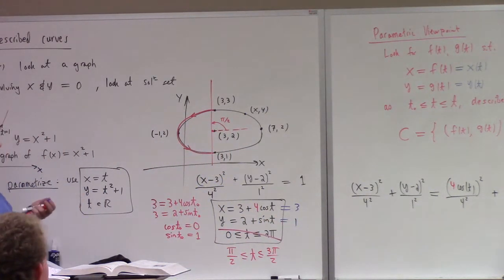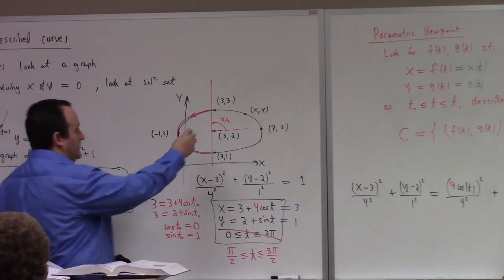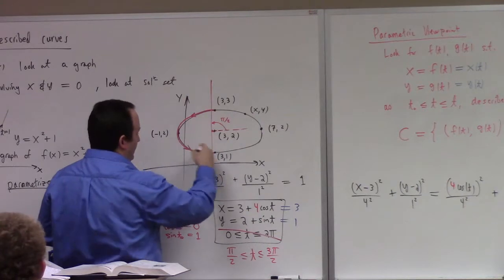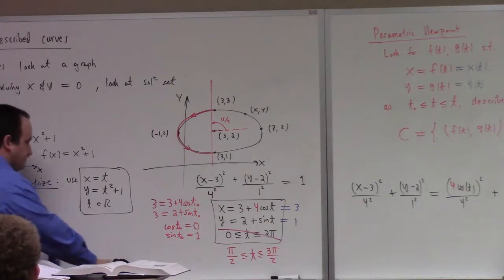Which would mean that I need cosine to be 0 again, but I would need sine to be minus 1. And that happens at 3 pi over 2. Of course, it also happens at lots of other points, but geometrically, these are the ones that we want because there's a continuous sweep from here to here like that. Yeah. All right.